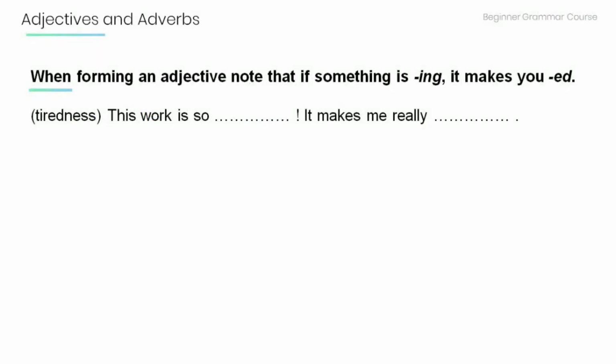Now let's review the use of adjectives and adverbs and practice a bit. Remember that when forming an adjective, if something is tiring, the adjective ends in -ing, and if it makes you feel something, the adjective ends in -ed.